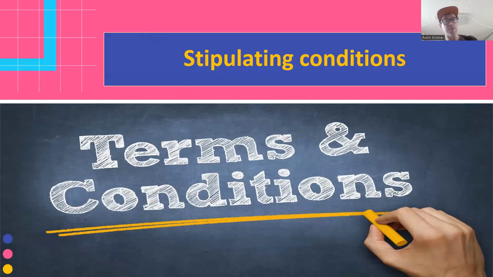Where do you see terms and conditions? Whenever you update your phone, for example, before you update, it says, do you agree? You have to click agree. Or whenever you sign a contract, there's stipulating conditions. Usually nobody reads them. And the font is very small because it's a bunch of legal jargon.